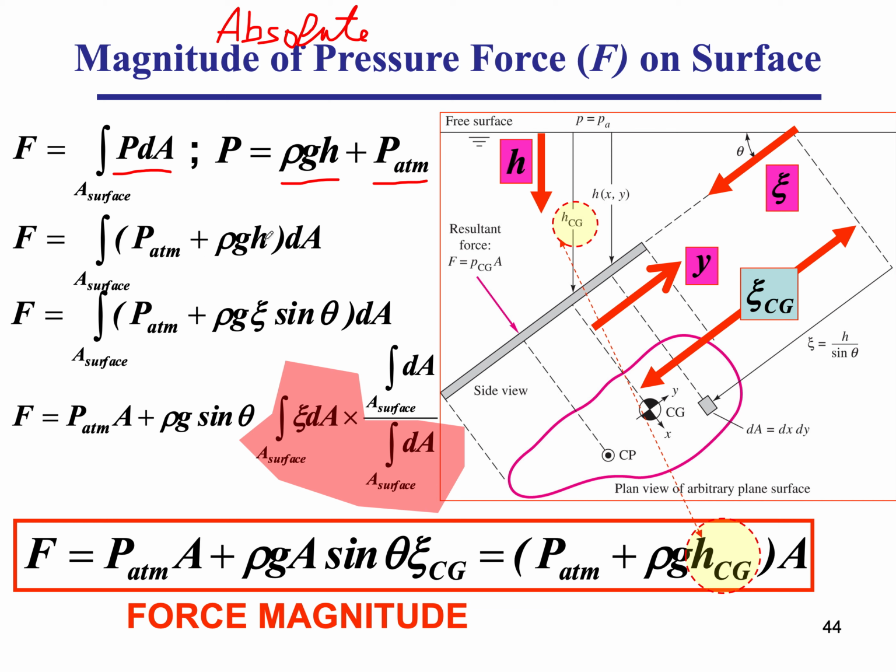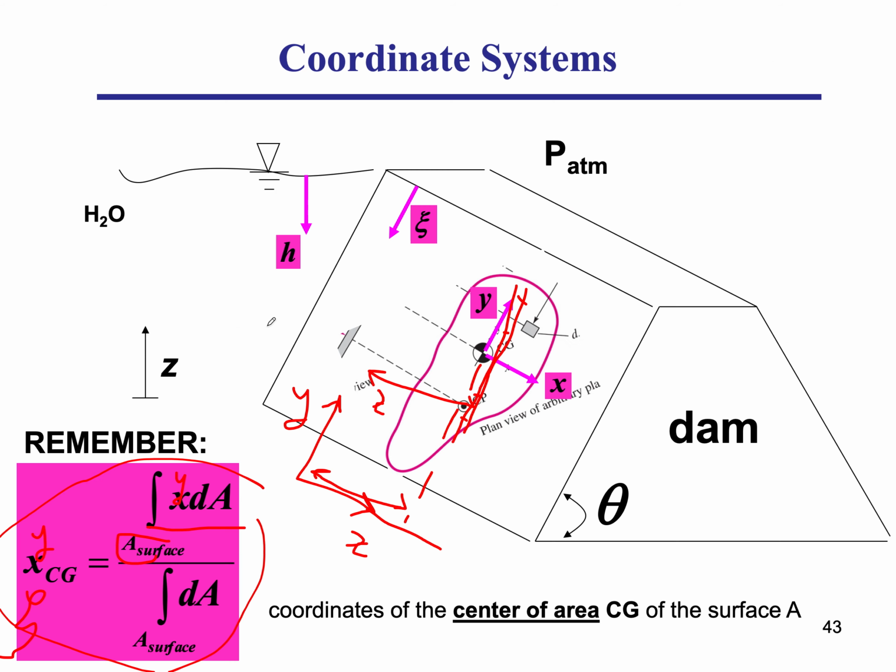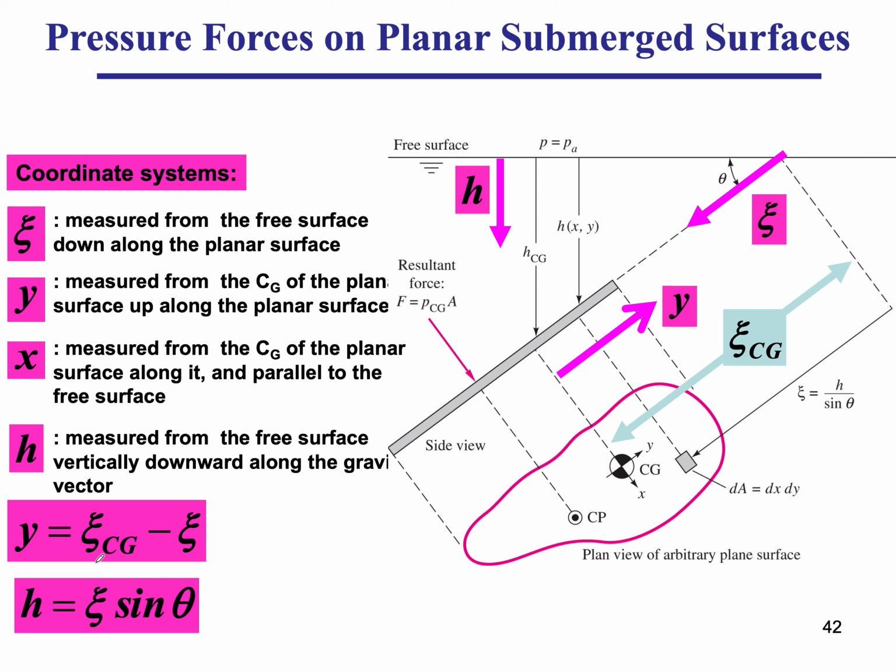So substitute. Now we have a relationship between h and y and zeta. If you go back two slides, there is the relationship between y and zeta, and then h and zeta. So h is just zeta sine theta. The depth of this elemental area is equal to the coordinate zeta from the free surface multiplied by sine theta.